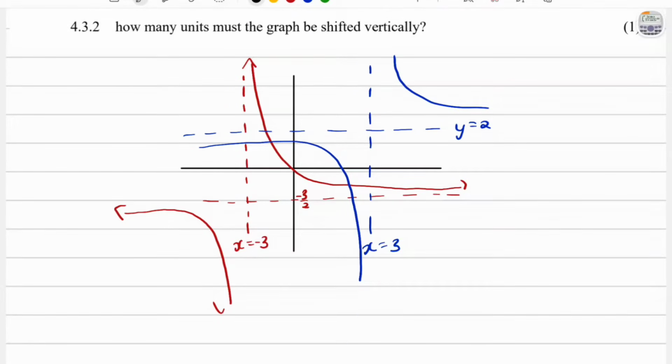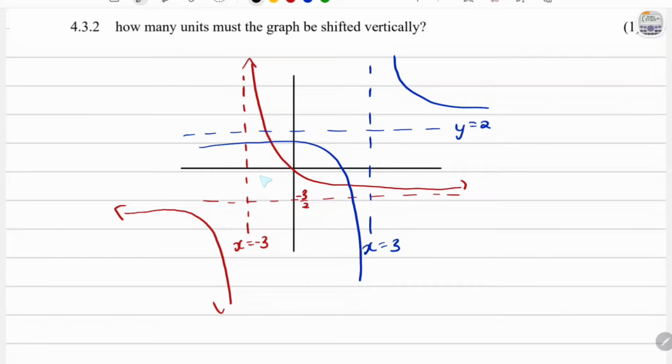What you can use to control the shift of this red graph, the graph of G, is the asymptotes. So what's going to happen is the graph is going to shift. The vertical asymptote is going to shift until it aligns with the vertical asymptote of the graph of H. So in other words, this line here, this vertical asymptote, is going to move until it lies perfectly with this one.